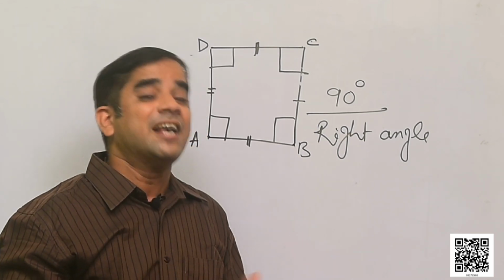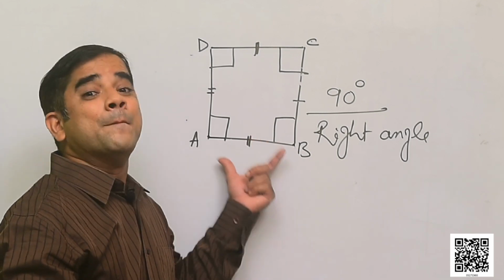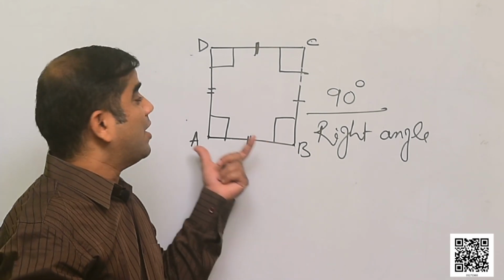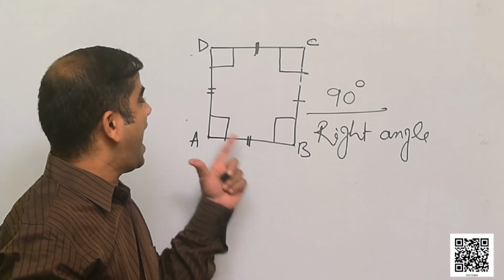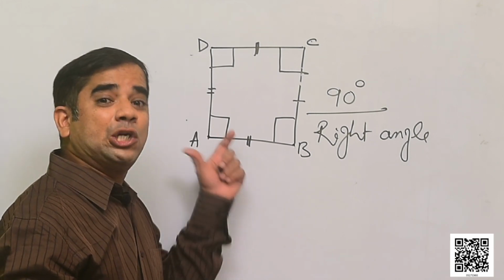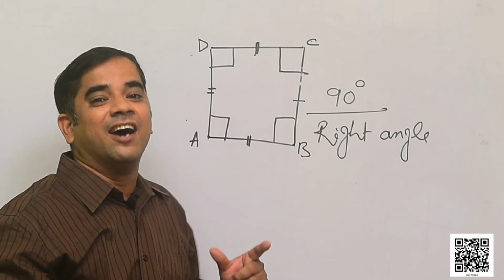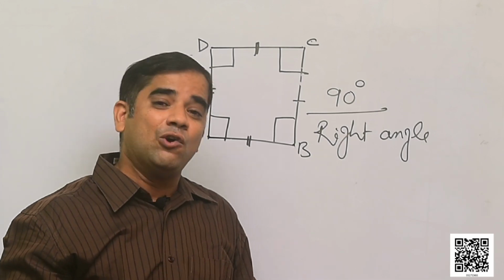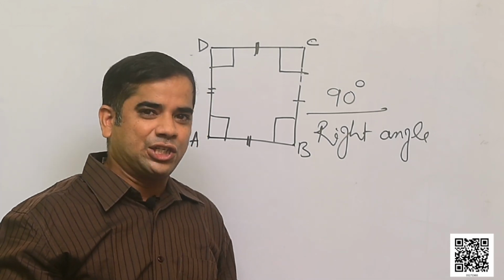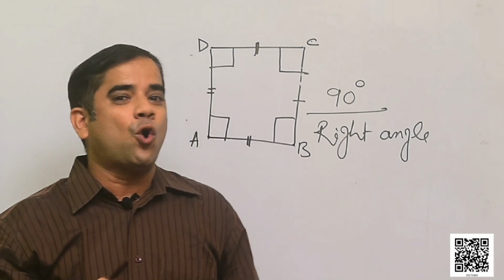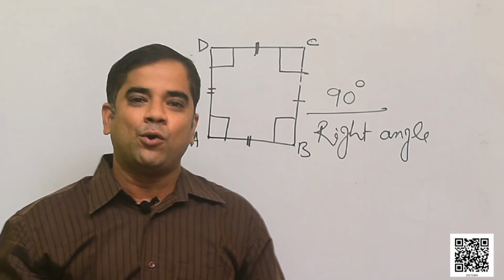Again I am repeating this: a square is an enclosed surface having 4 equal sides and the angle between 2 adjacent sides is a right angle, or a value of 90 degrees. Understood? So now we can go to your chapter of the book Math Magic.